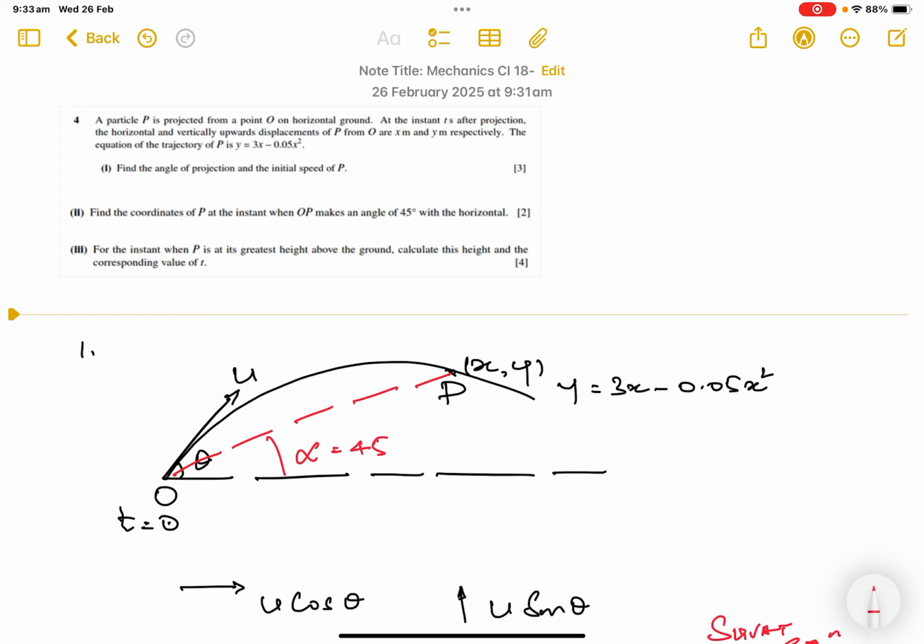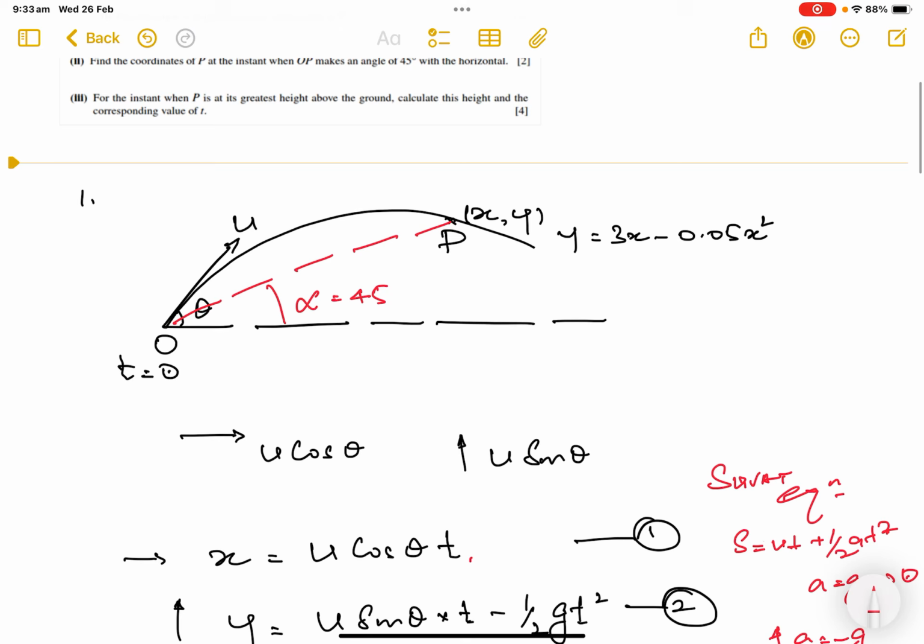Let's start with the first part. I put a little sketch of the projectile, the path of the projection or trajectory, starting at O on horizontal ground.